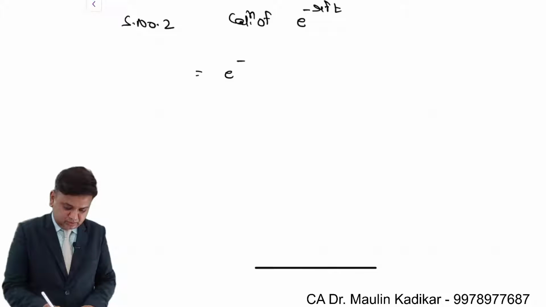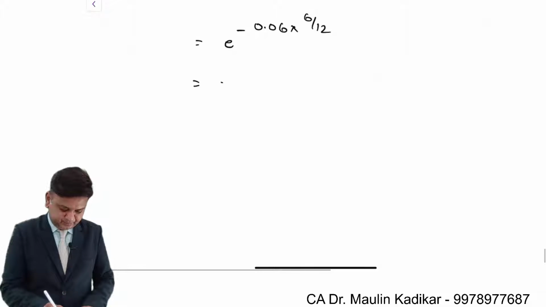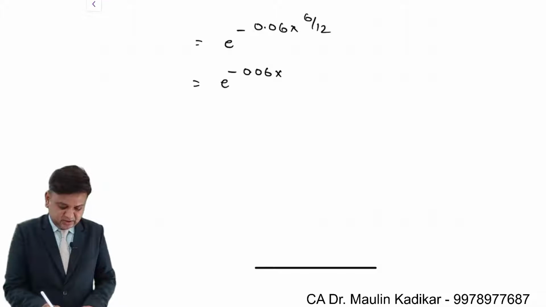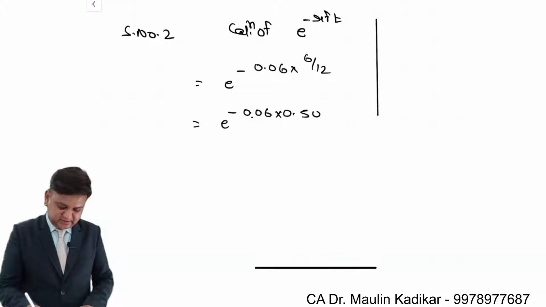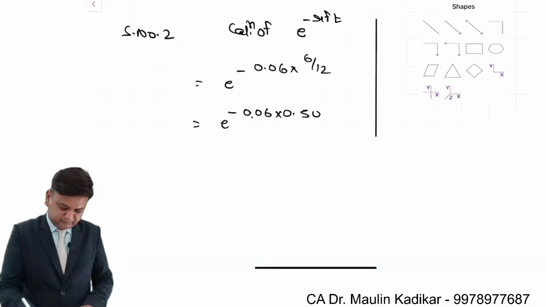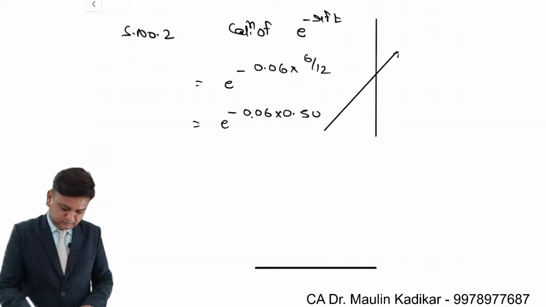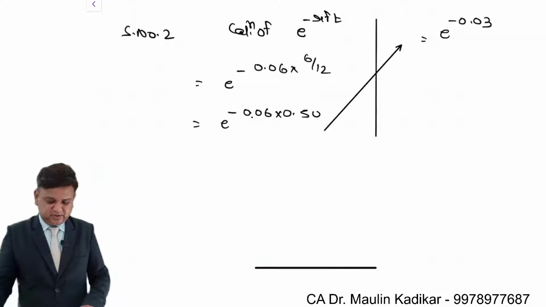So e raised to negative 0.06 into time period, 6 divided by 12, so e raised to negative 0.06 into 0.50. So in that case, e raised to negative 0.03.